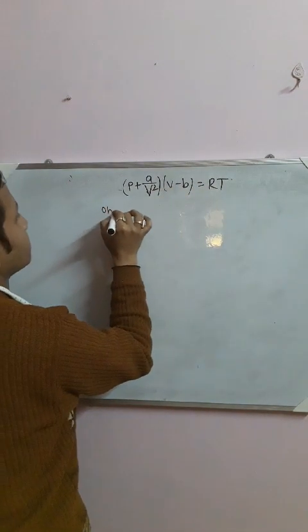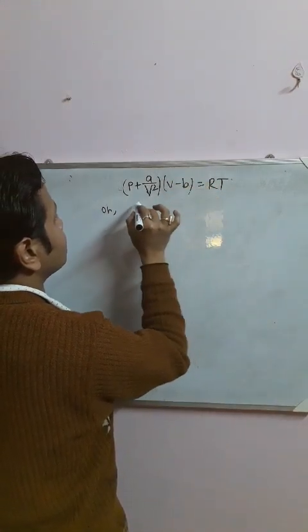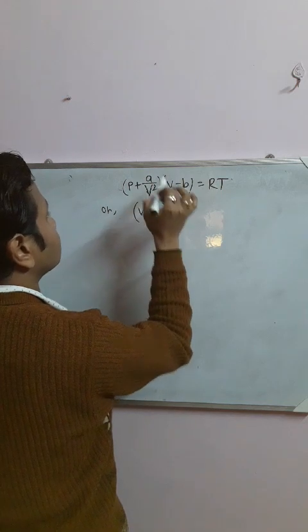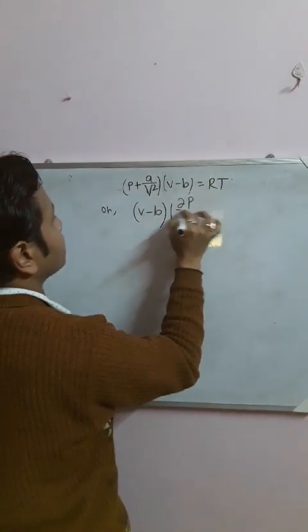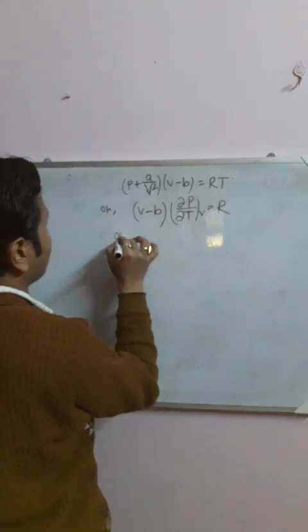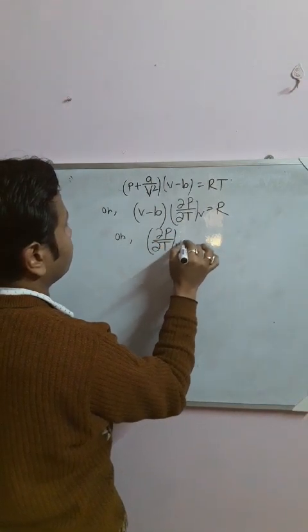So if you differentiate this with respect to T, keeping volume constant, then this term is entirely constant, and since V is constant, this is also constant. So you can write del P del T at constant volume equals R. So what will be my del P del T at constant volume?